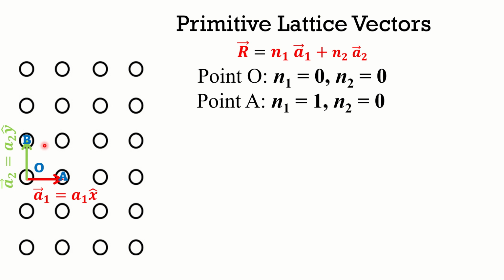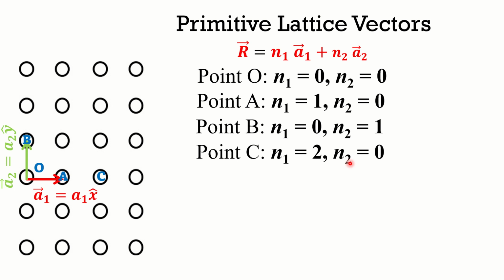Similarly, for point B, I can set n1 equal to 0 and n2 equal to 1. For point C, n1 should be 2 and n2 should be 0. For point D, similarly, n1 equal to 3 and n2 equal to 0.